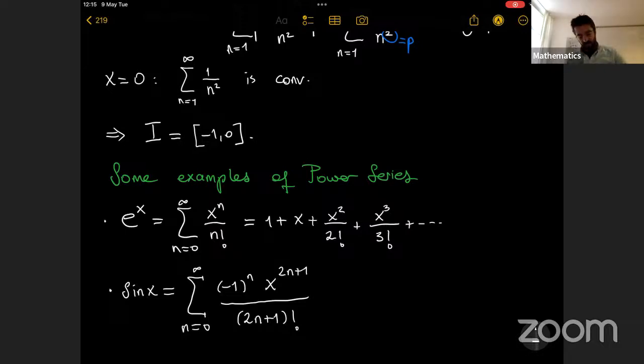That means you start with x minus x cubed over 3 factorial plus x to the 5 over 5 factorial minus and so on.